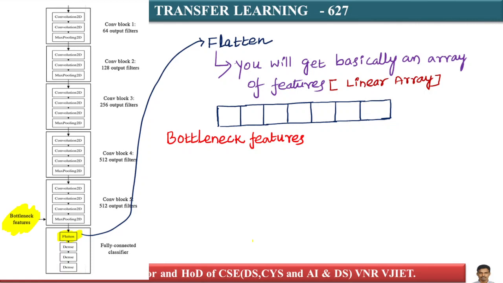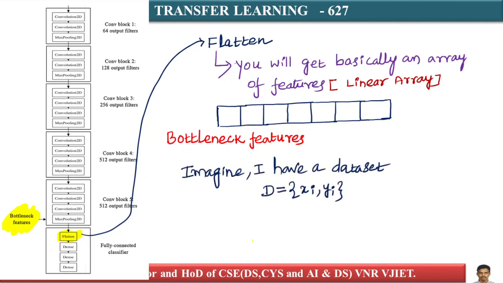So what you can do for your task is this. First way is you can use a pre-trained model. Let's assume I'm using ImageNet. Imagine I have a data set capital D, where D is xi's and yi's.